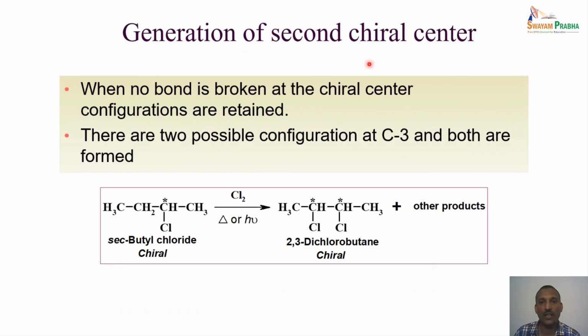The last one is the generation of a second chiral center. In this case, no bond is broken at the chiral center and the configurations are retained. But there are two possible configurations at C3 when it undergoes a reaction other than at the chiral center. This is the chiral center, there is no reaction here, but this is the carbon where the reaction occurs, that is, generation of a new chiral center happens in this case.